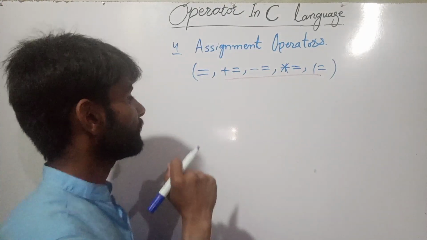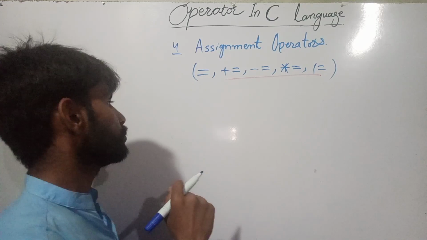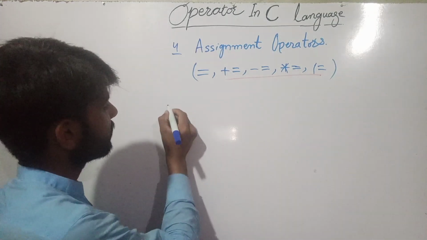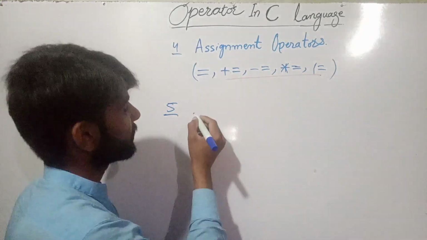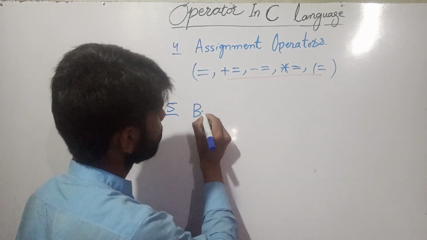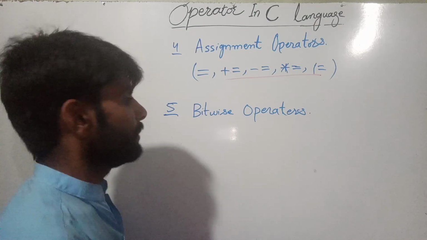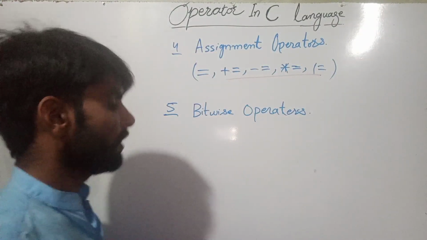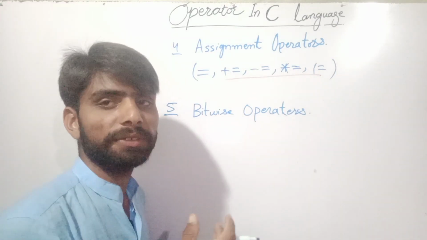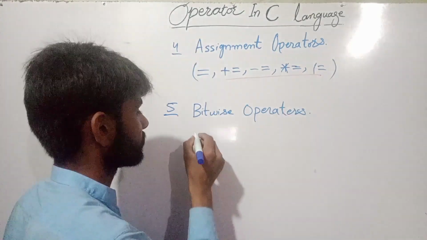And next, the last, fifth category of binary operators is the operators used to manipulate data in binary language. Those operators are called bitwise operators. Bitwise operators are used in binary language, right? Binary language means machine language, 0 and 1, right? What are these operators?